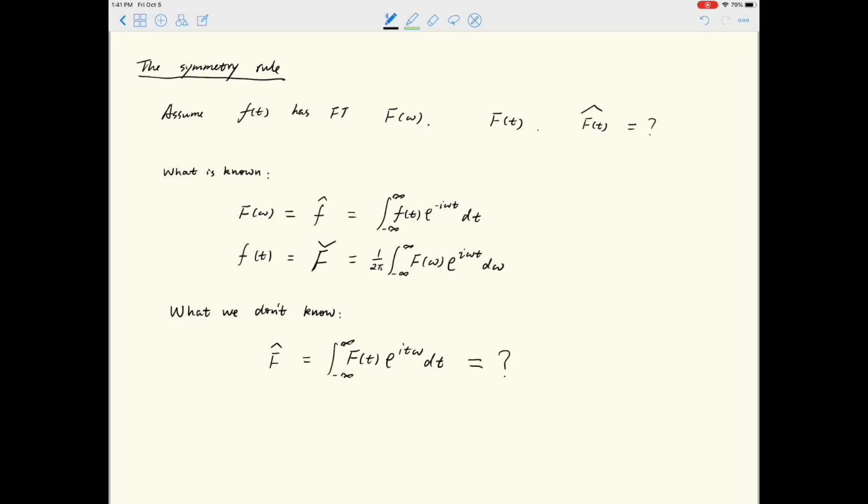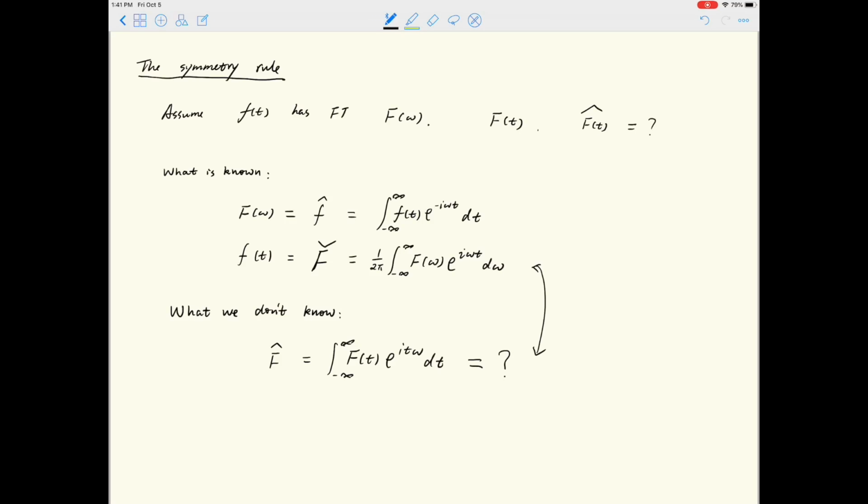Okay, so can we find the answer from what is known now? Well, it is clear that there is a lot of similarity between these two.